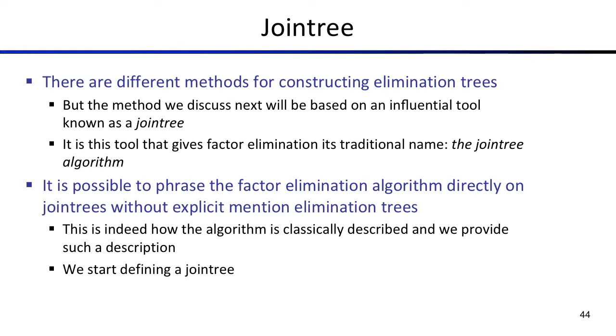And there are other graphical models that are more useful when we want to make inference over those structures. So it's common to convert one graphical model into another in order to answer queries.